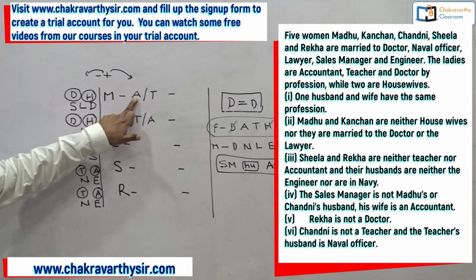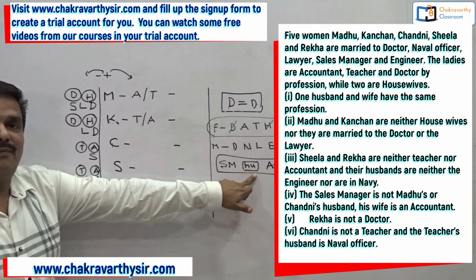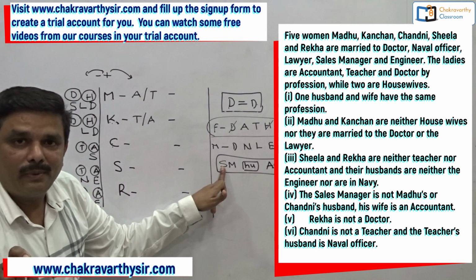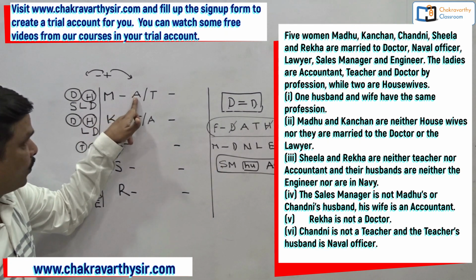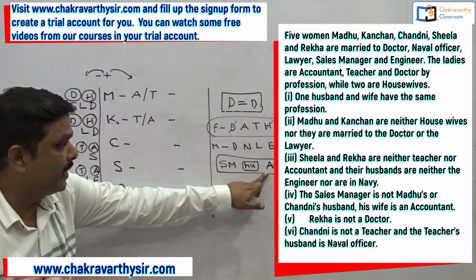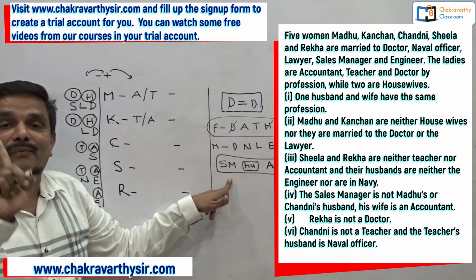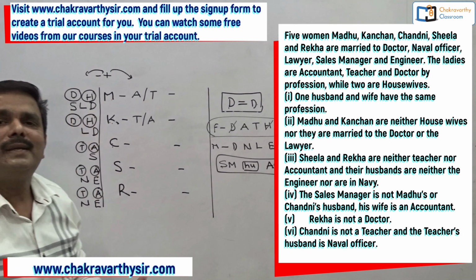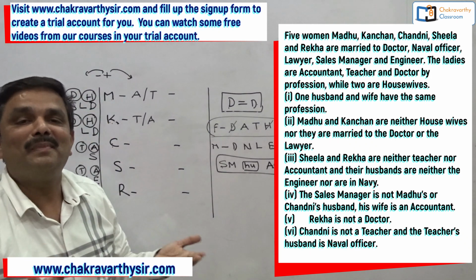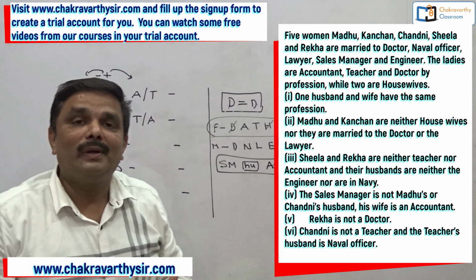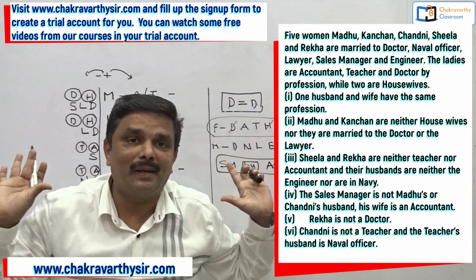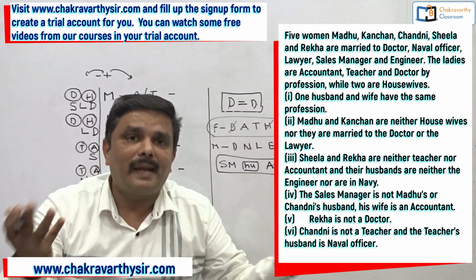If Madhu is an accountant, according to this information, her husband should be sales manager. Yes or no? But very clearly they have given Madhu's husband is not a sales manager. What's the meaning of this? Madhu cannot be the accountant.